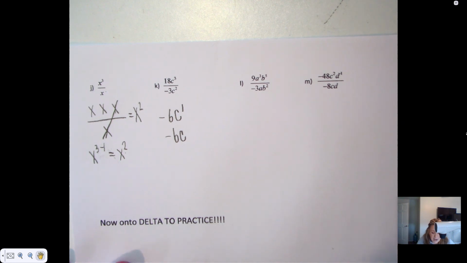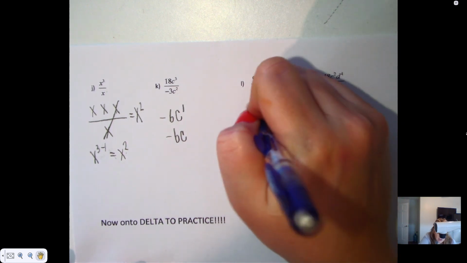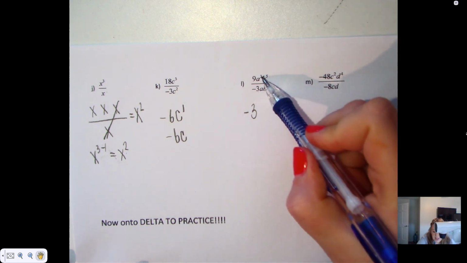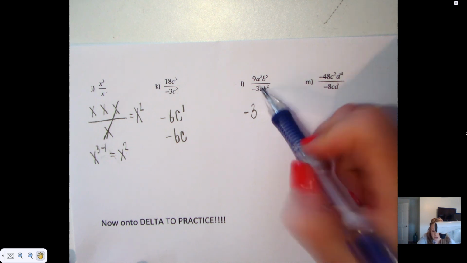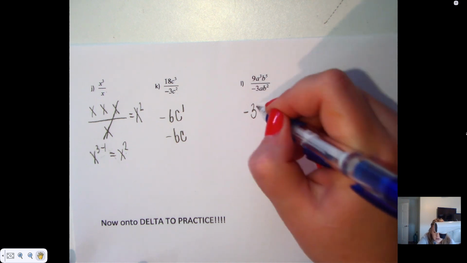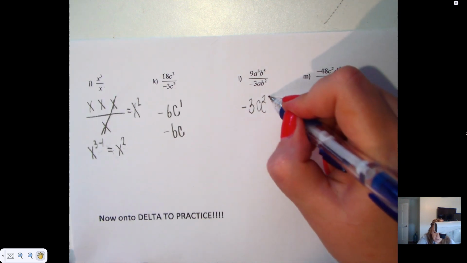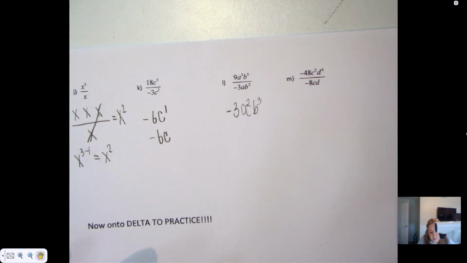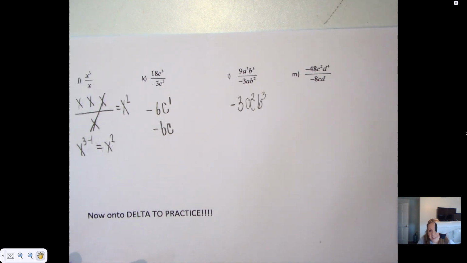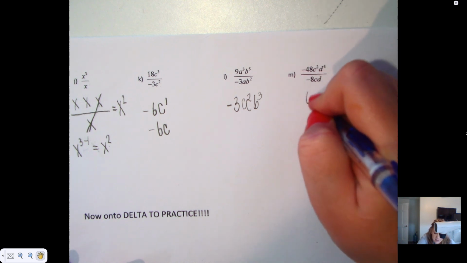Okay, so 9 divided by negative 3 is negative 3. I see a to the third, and I see a at the bottom. When I divide with the same base, I subtract. 3 minus 1 is 2, so I would have a squared. And then b, I would have 5 minus 2, which is 3. All right, and then last one, negative 48 divided by negative 8 is 6.